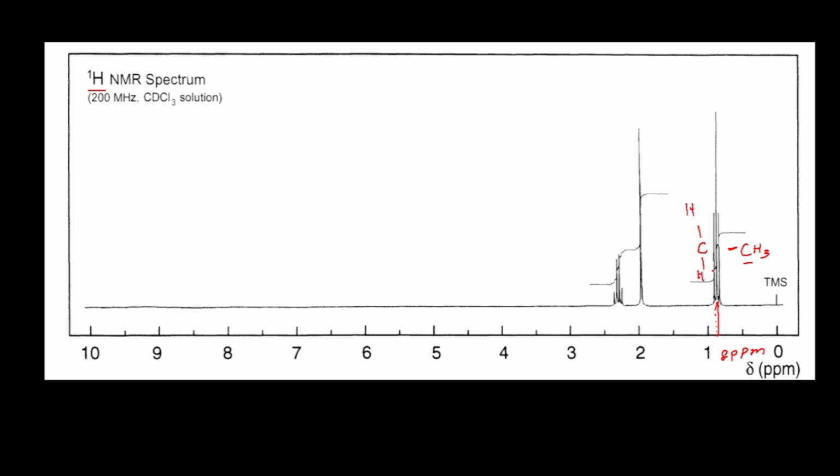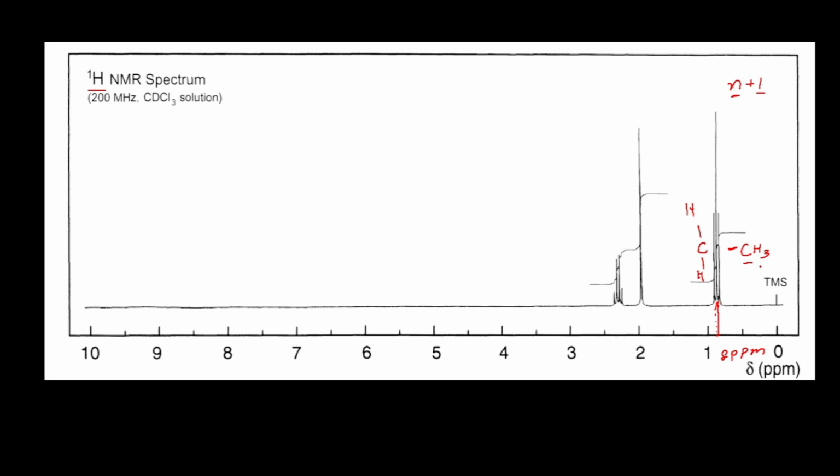It means that the CH3 group here is attached with the CH2 group. How did you find it? You find it with the N+1 rule. This rule says that N is the number of protons present in the neighboring of some specific kind of proton, and the 1 is that specific kind of proton.